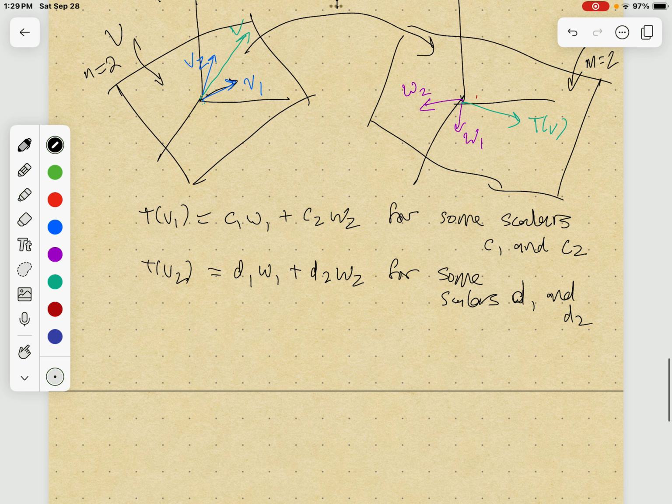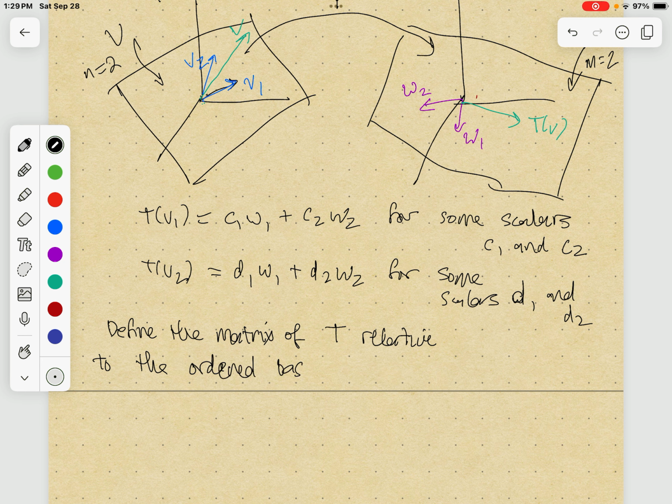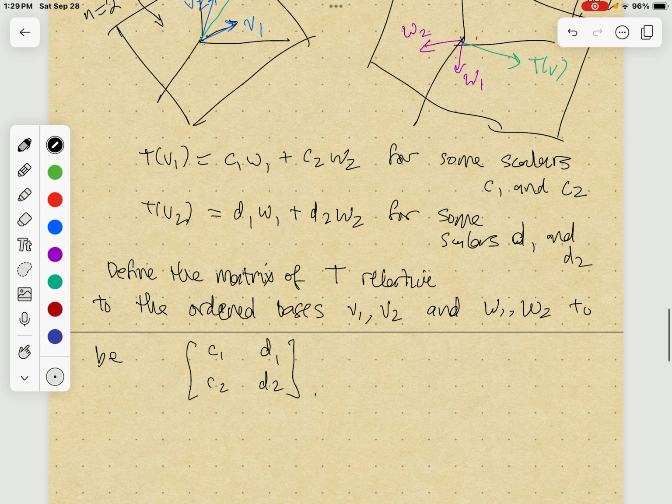Okay. Now I define the matrix of T relative to these bases, this basis for V and this basis for W, to be this matrix C1, C2, D1, D2. So that's the example in this particular case of the matrix of a linear transformation.